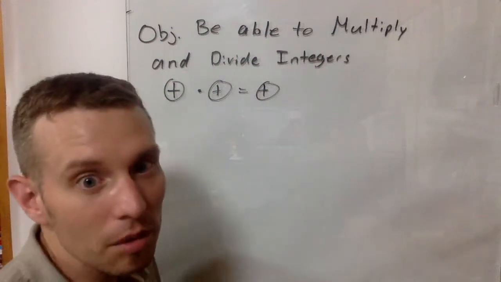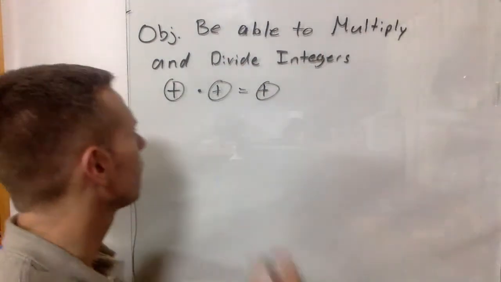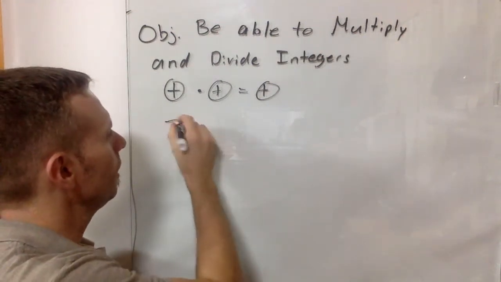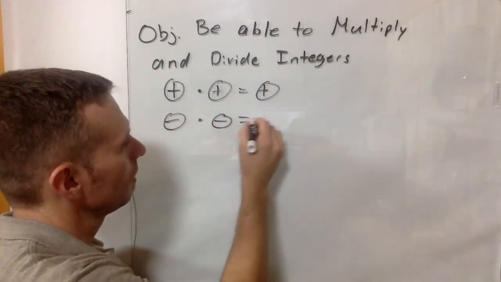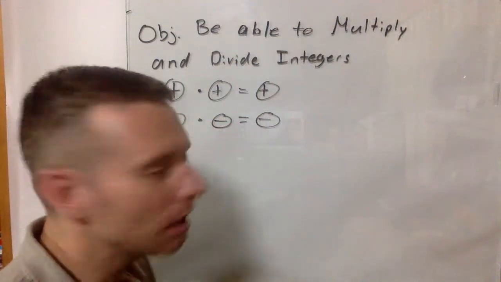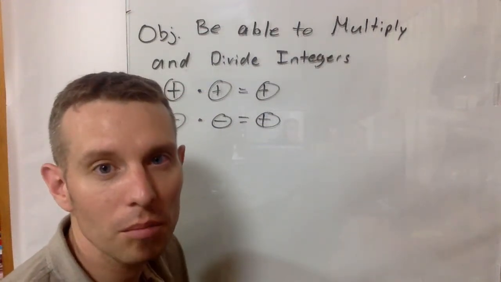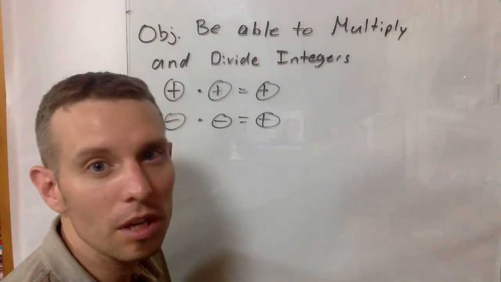Same thing, a positive divided by a positive gives a positive. A negative times a negative gives you a positive, and a negative divided by a negative gives you a positive.